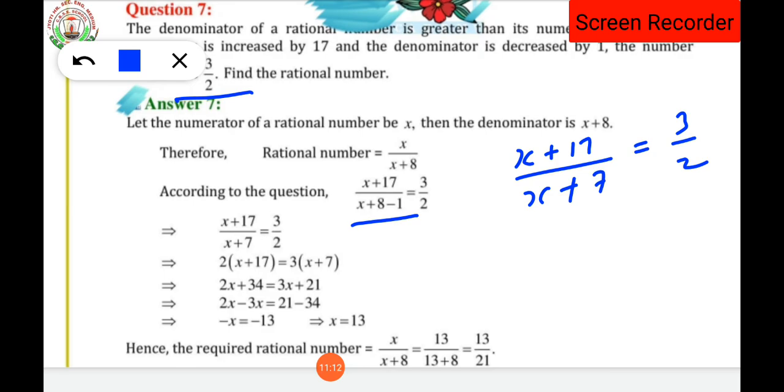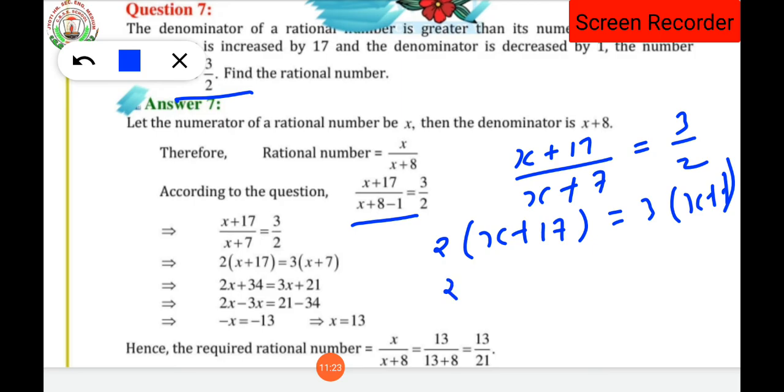Now cross multiplying, it will become 2 into x plus 17 is equal to 3 into x plus 7. Clear? So 2x plus 34 is equal to 3x plus 3 7s are 21.